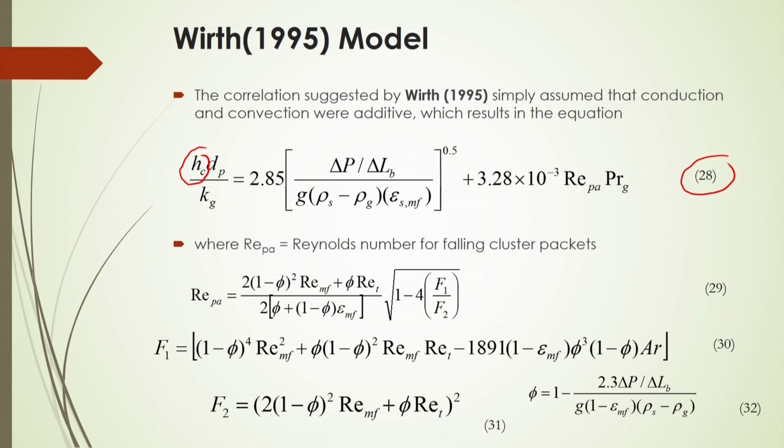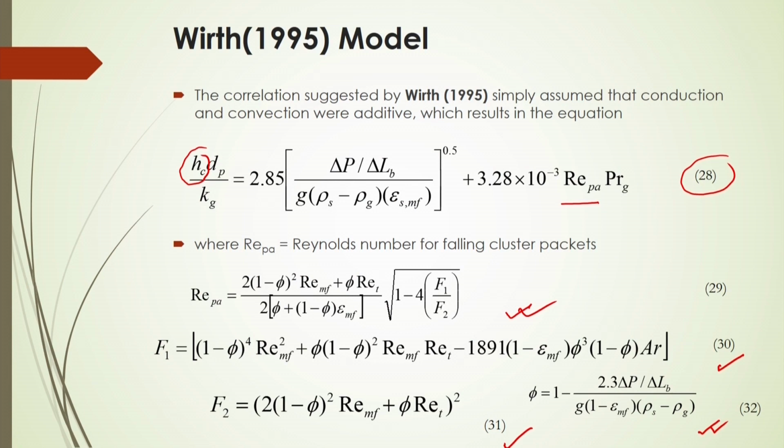Here, important is RPA, the Reynolds number for falling clusters of particle packets, which is defined by equation 29. This equation is again a function of some factors f1 and f2, which are expressed by equations 30 and 31, and another important factor, phi, is defined by equation 32.